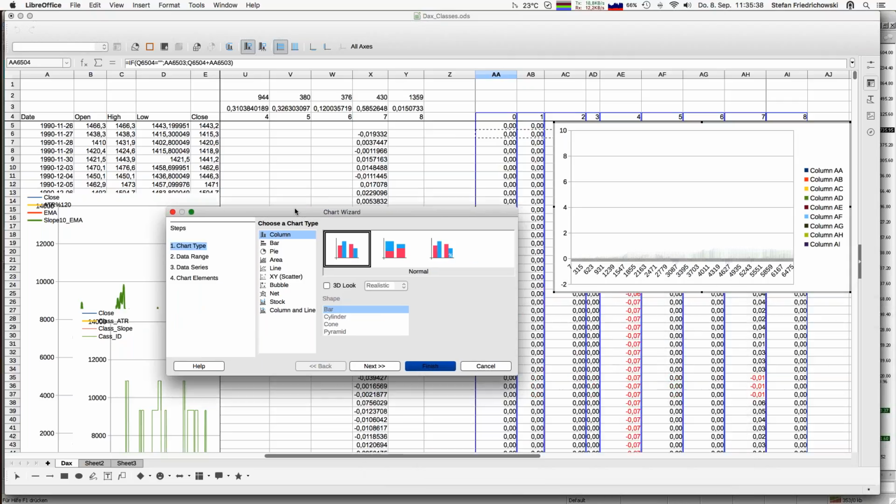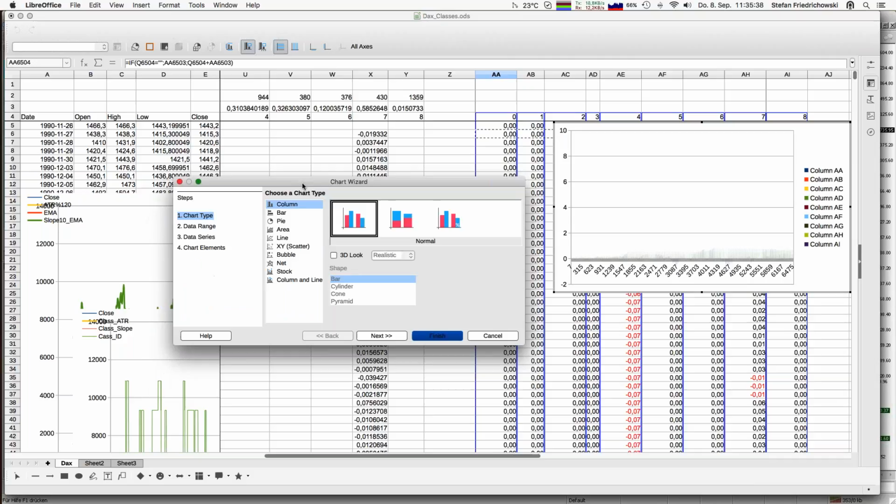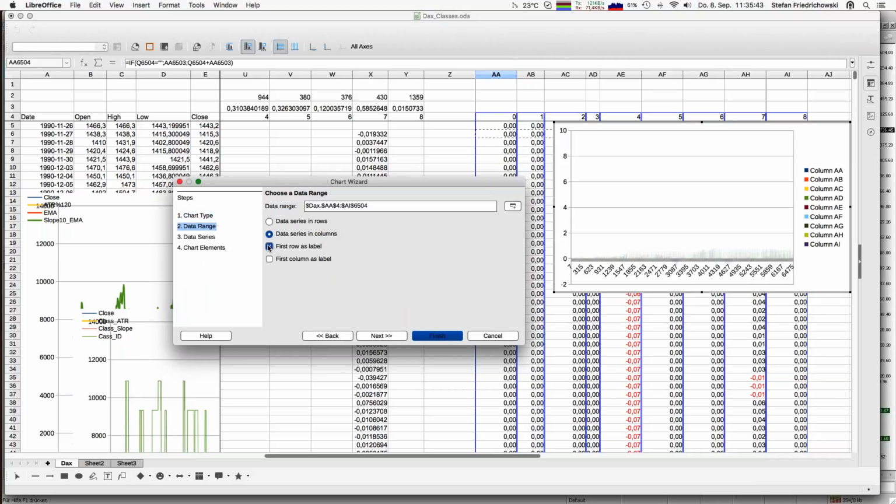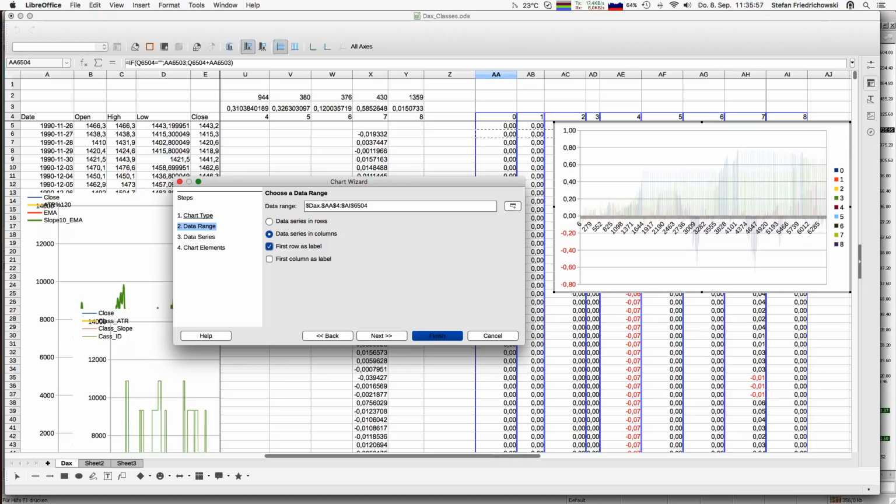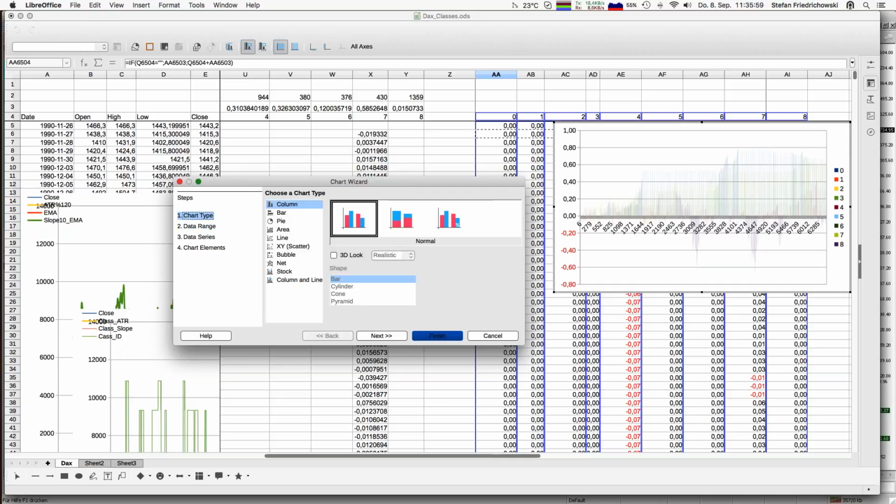But we have to help Excel a little bit, because the first row should be used as labels, and then we might do an additional step, and that is simply not to have a bare chart, to have lines within our chart, because that is a little bit easier for us to have a look at.